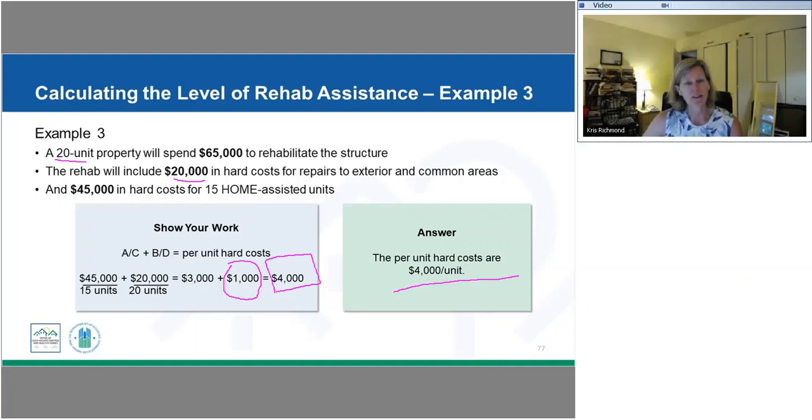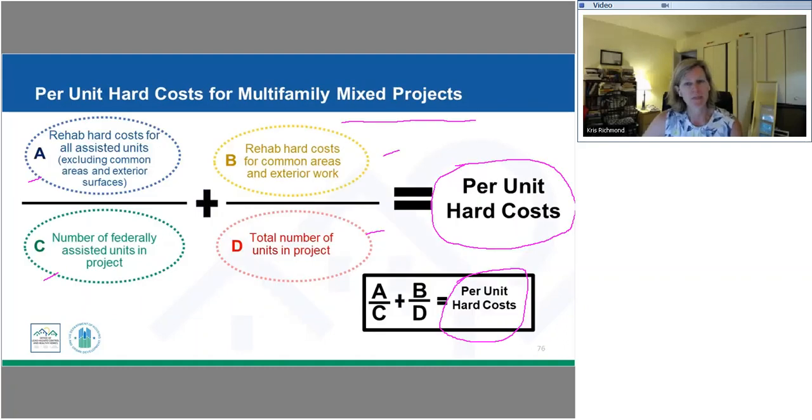So this was an example that talked you through mixed projects where they were not all federally assisted. If you had a project that was all federally assisted and it was multifamily, you would just simply divide the total cost by the total number of units.